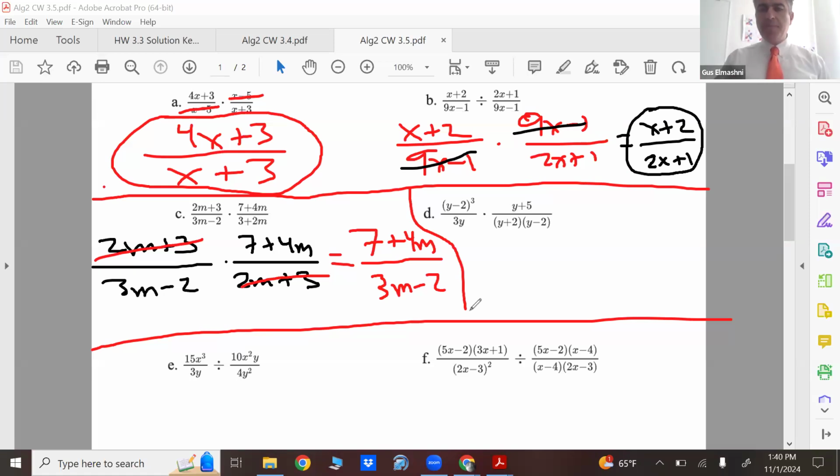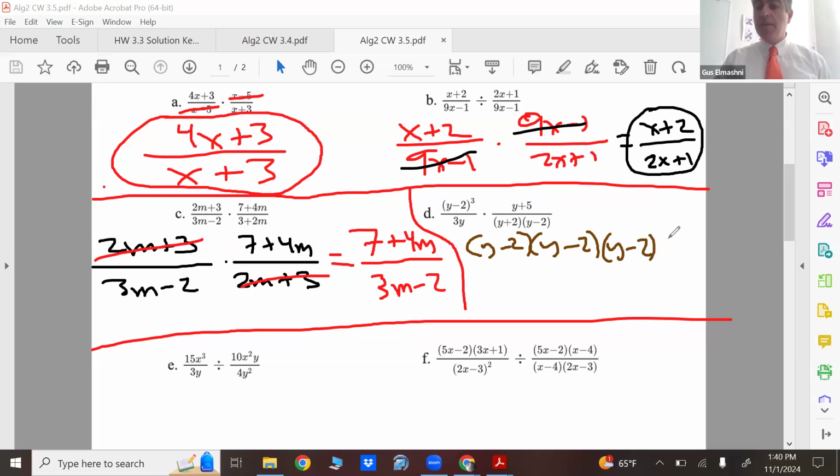Now, for part D, I think Emmy said earlier we're going to cross off the y minus 2's. And yes, we will. But I'm just going to write this out in a more drawn out fashion. How many y minus 2's do I have up top? Right.